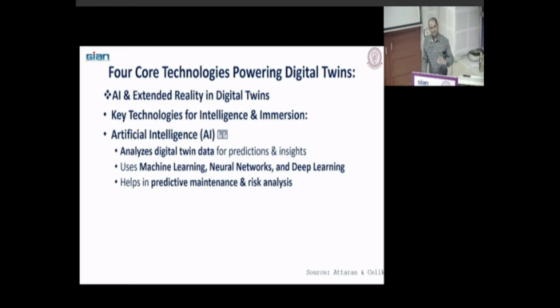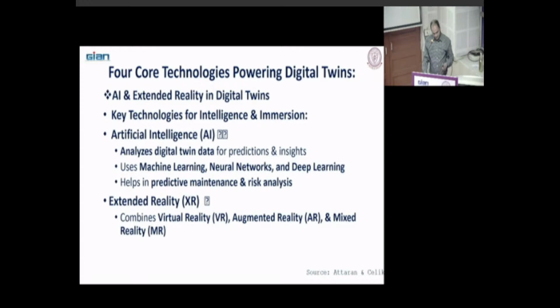So when you analyze the historical data, you can say that in the future, these 100 suppliers may create the problem to you, so you need to do something else. You need to go with the backup supplier, or you need to change these suppliers. So that's the prediction of disruption. AI will do that by analyzing the historical data.